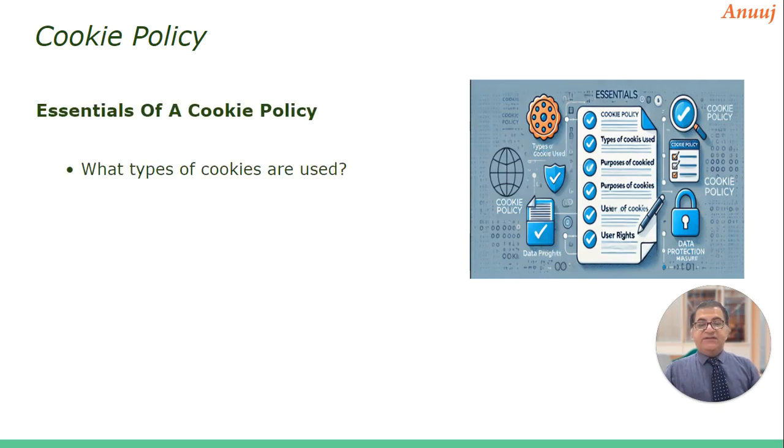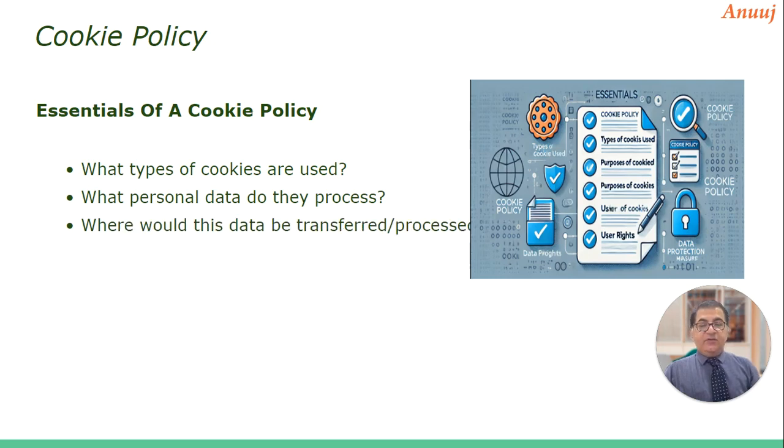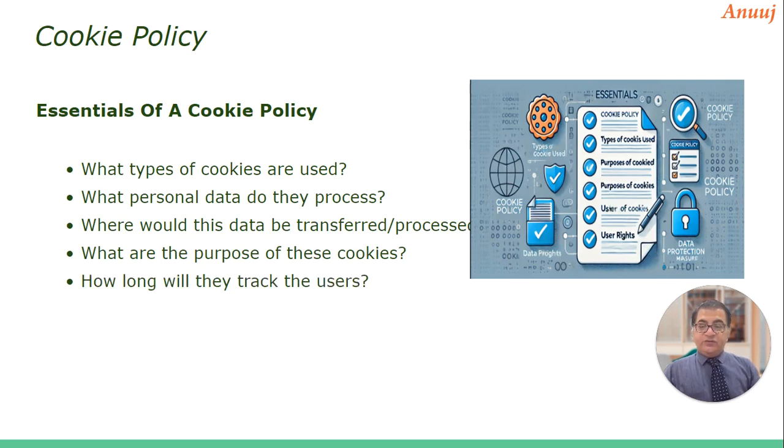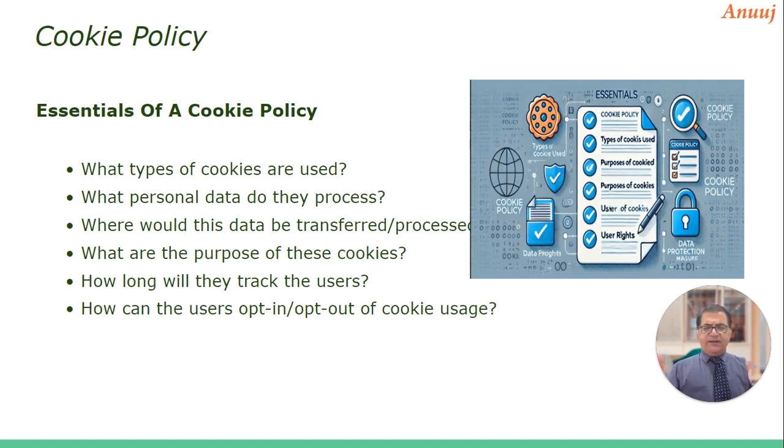That is something which is very, very important when it comes to a cookie policy. Essential characteristics include what types of cookies are being used, what data they are capturing, where this data would be transferred or processed, what the purpose of these cookies is, how long they will track the users, and how the users can opt in or opt out. So these are like the traditional consent form also, and the cookie policy has all that detail.